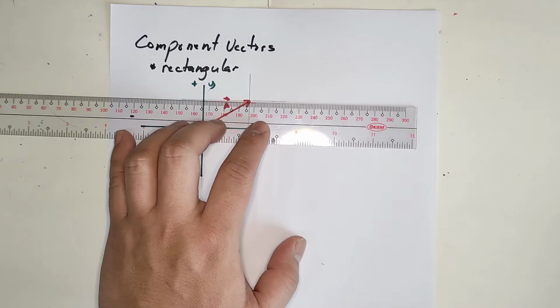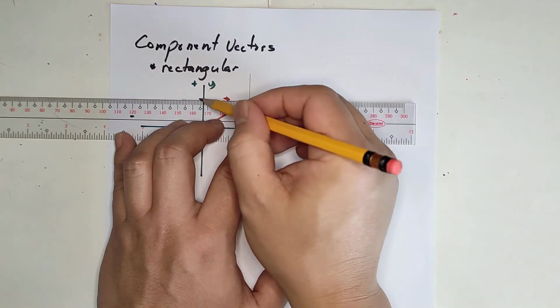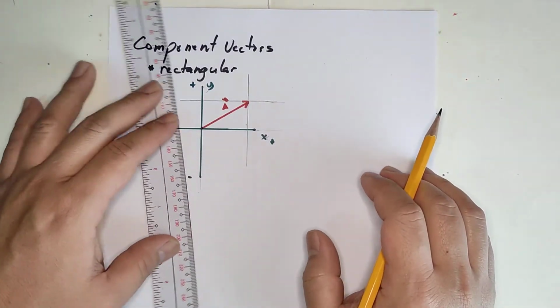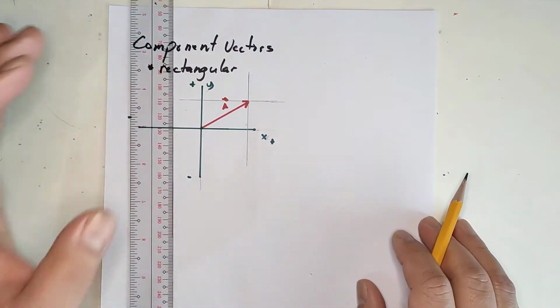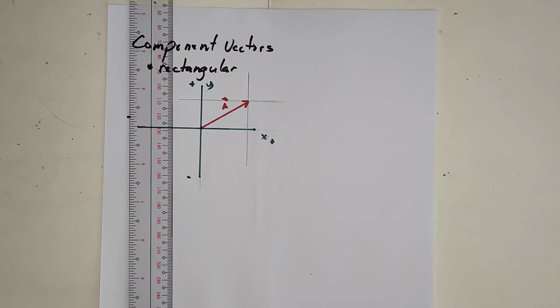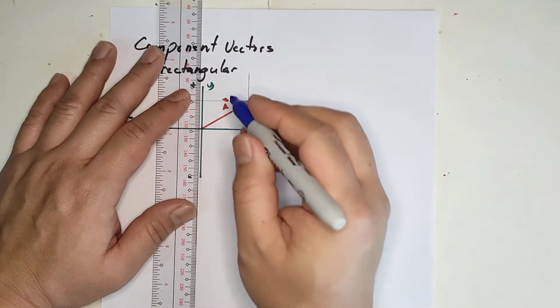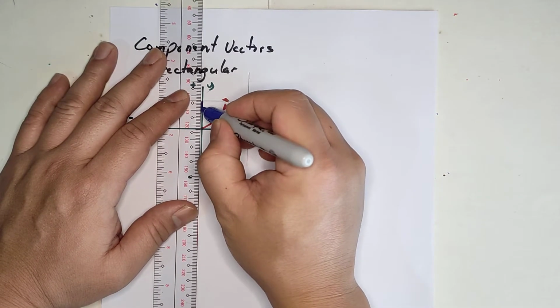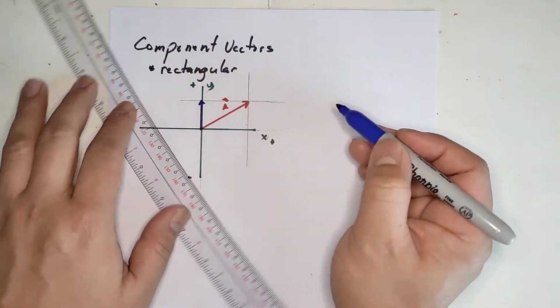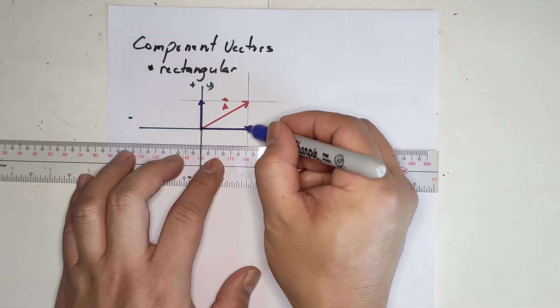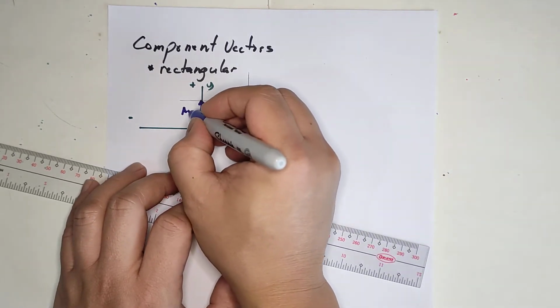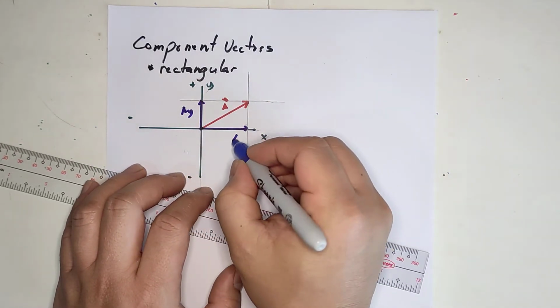So you have here that line, and the y parallel line, and you draw like that. And the component would be this one. You'll have to draw, okay, like that. This is AY and this is AX.